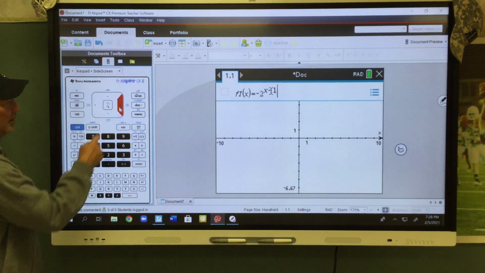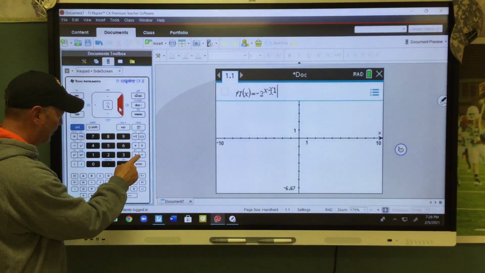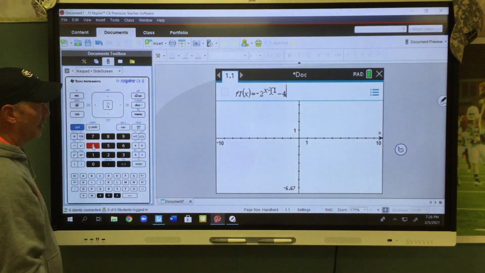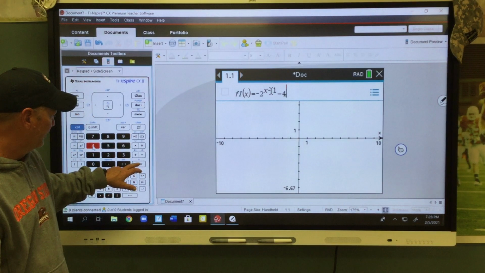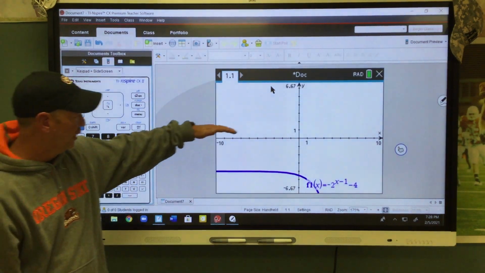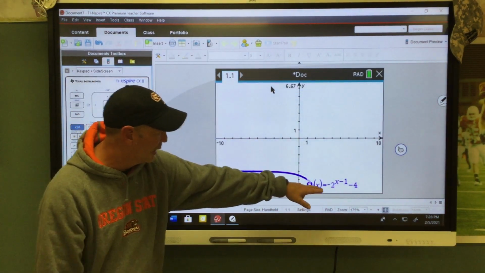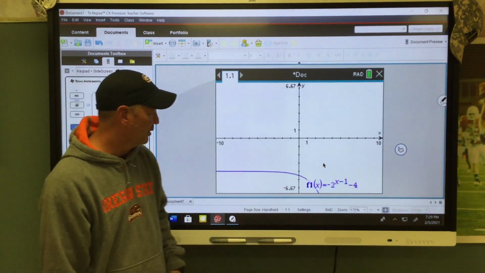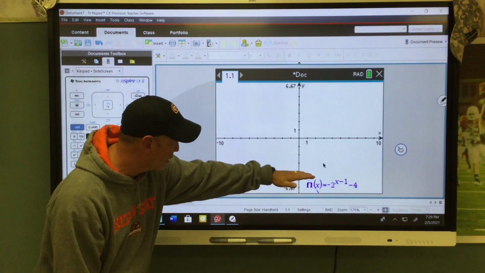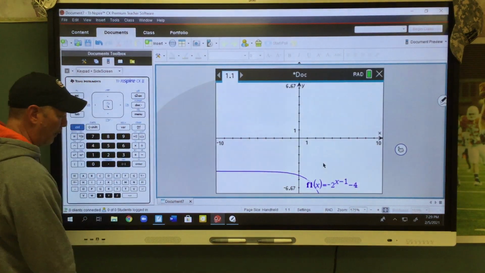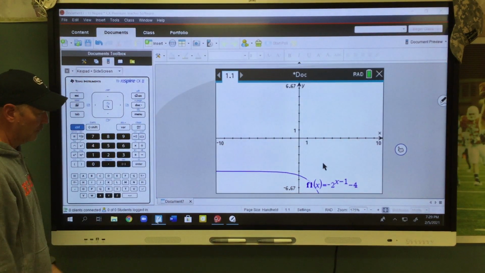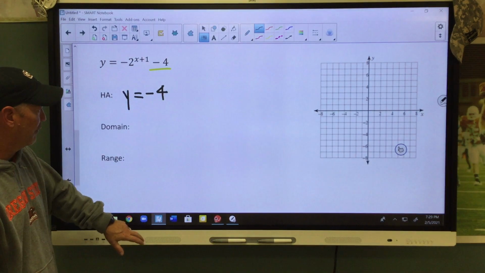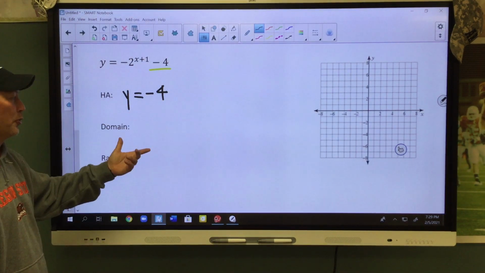Let's get down, and we're going to say -4. Enter. This shifted. We said we were going to use the k value to find this. All right, so it's down. My horizontal asymptote is at -4. Horizontal asymptote is at -4. Got it?